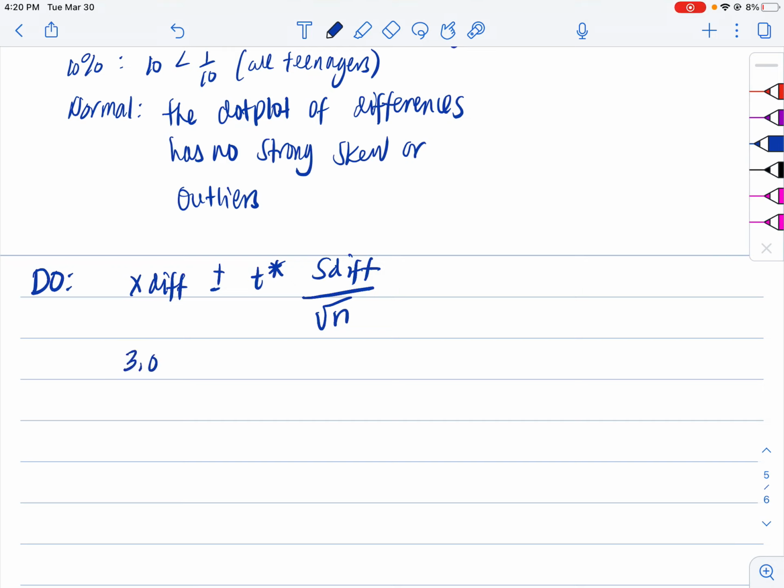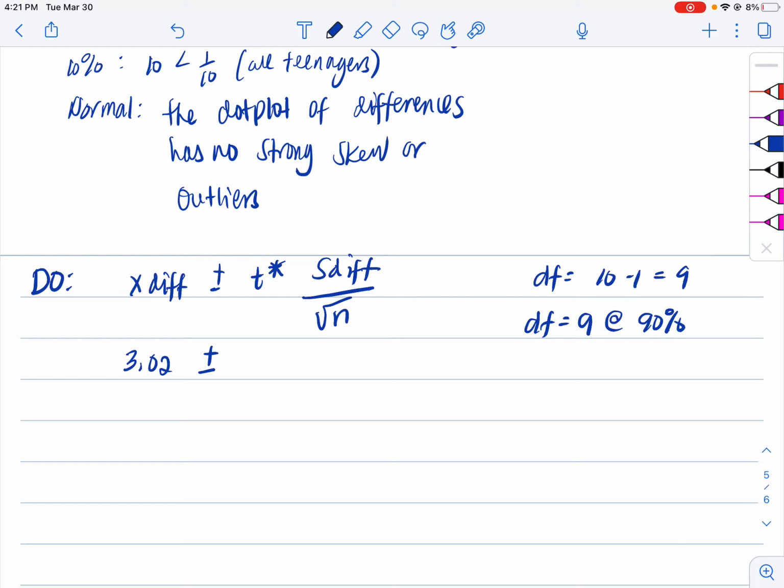So 3.02 plus and minus, with df of 10 minus 1, so that's 9. So a df of 9 at 90%. Let's check that. Okay, I have my df of 9 and then 90%.